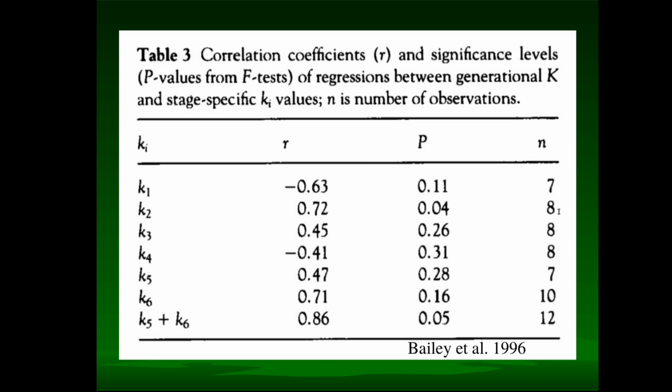So the general conclusion is the most important sources of mortality in this fish species during these years were larval and juvenile mortality. So both of these were excellent predictors of overall mortality across one generation.